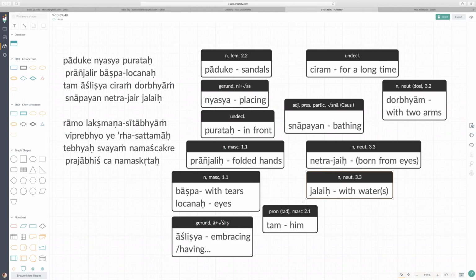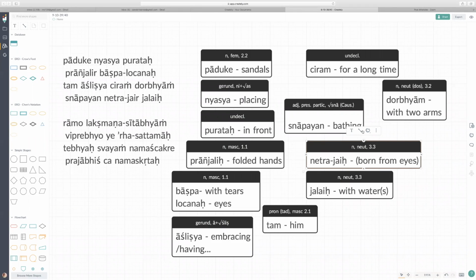But here in Sanskrit, often it takes a plural just to convey the idea of the amount. In other words, if it's plural, that means a lot. Okay, so there was a lot of water born from eyes. In other words, we're talking about tears. Water born from the eyes.